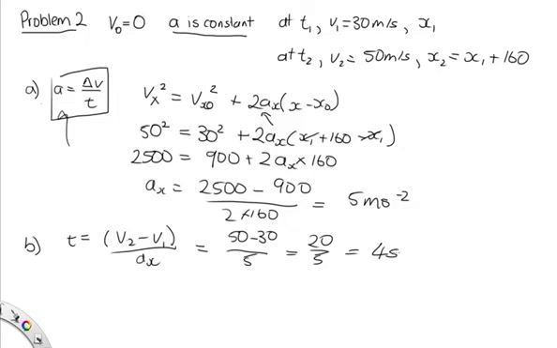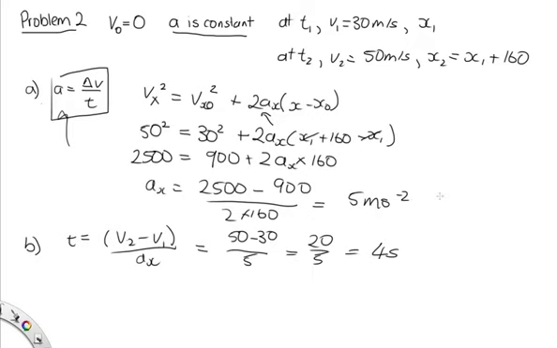Now, one thing that we should do as we answer these questions is consider the number of significant figures we're using. In this question, it's not really clear, because v1 here is 30. That can either have 1 or 2 significant figures. v2 has 1 or 2 significant figures. So our answer here, 5 meters per second squared, has 1 significant figure, which is fine given the starter.